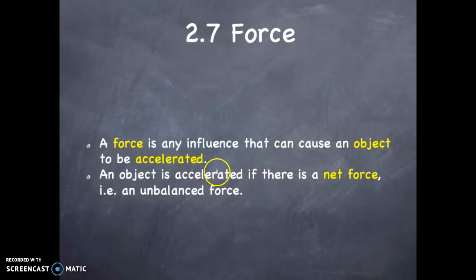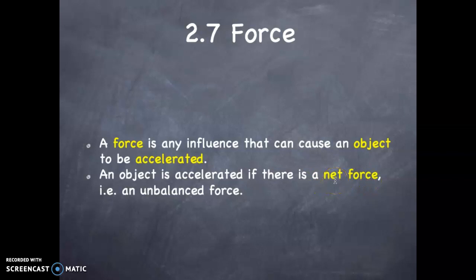An object then is accelerated if there is a net force, that is an unbalanced force. So you will find that force and acceleration go hand in hand. You cannot have one without the other. A net force, N-E-T force, which is the resultant force.